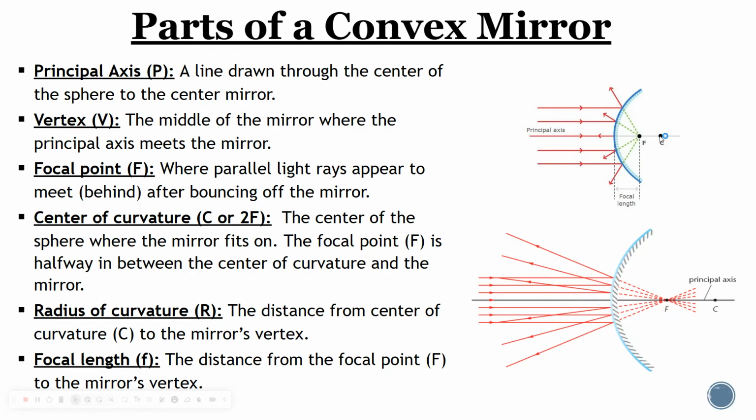But that center of curvature to the mirror is always twice the distance from the mirror to the focal point. So if this is 5, then this is 10. So again, very similar terminology to what we saw in the concave mirror, the main difference being that the focal point is a virtual focal point where the virtual rays or the traceback rays appear to meet up. And you can see that in both these images here.